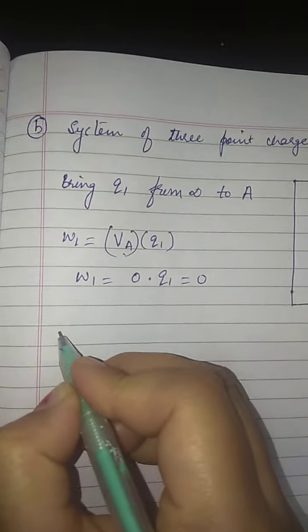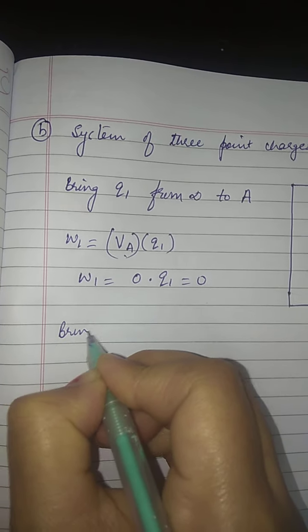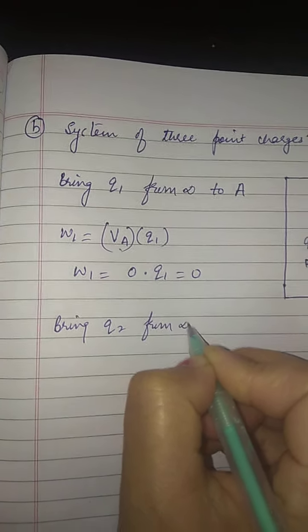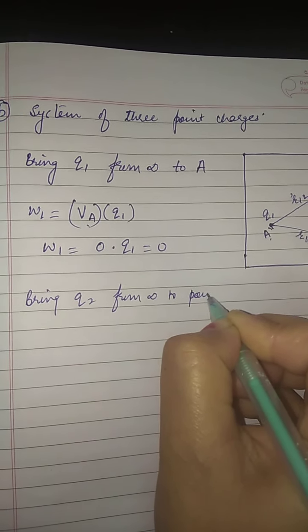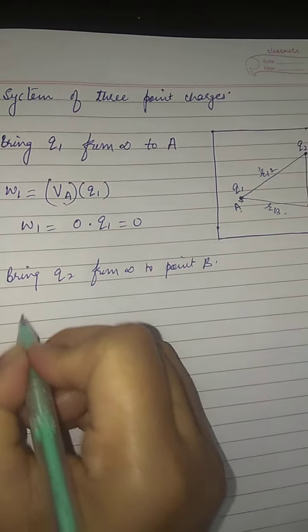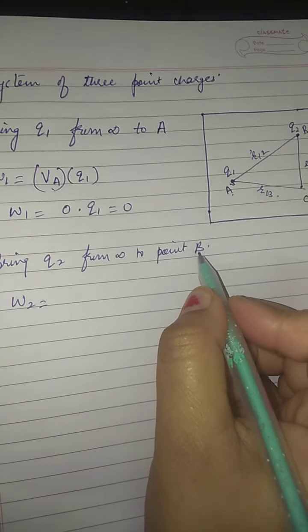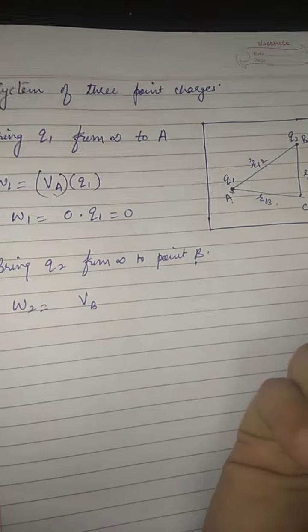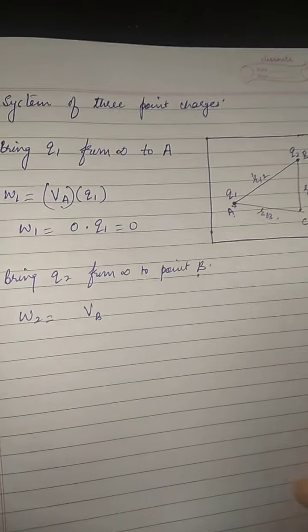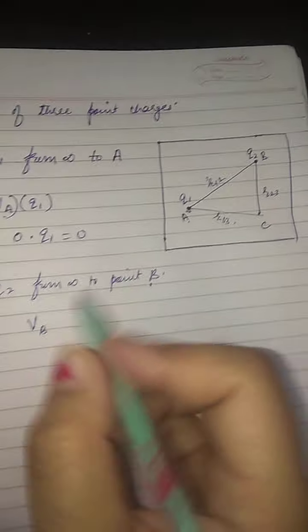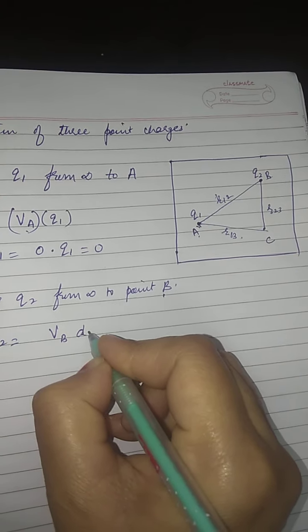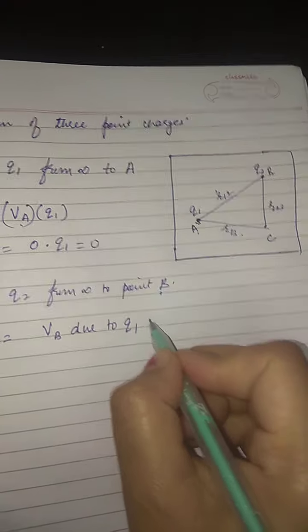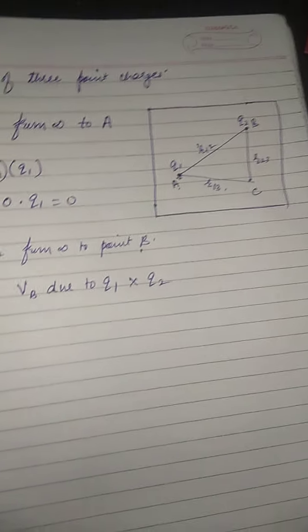So for the second work done, we want to place the charge at point B. So I want the potential at B due to the charge which is already present in the system, that is Q1, times the charge we are bringing.